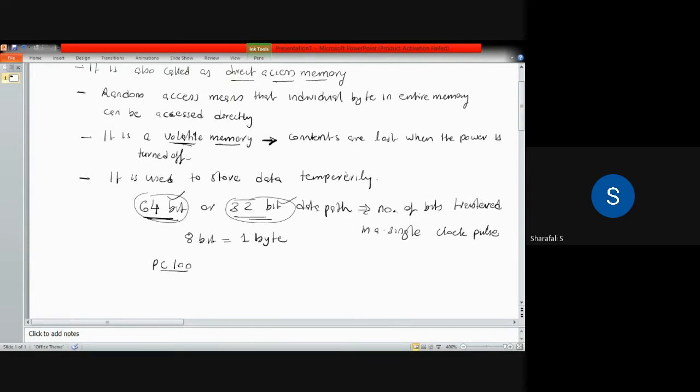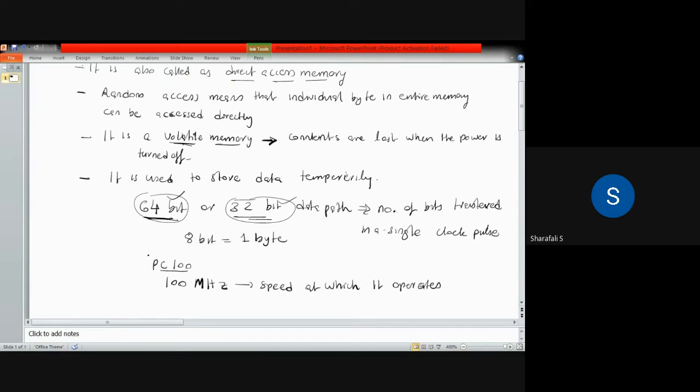So which means that it is having, suppose, 100 megahertz as the speed at which it operates. This PC 100 operates.